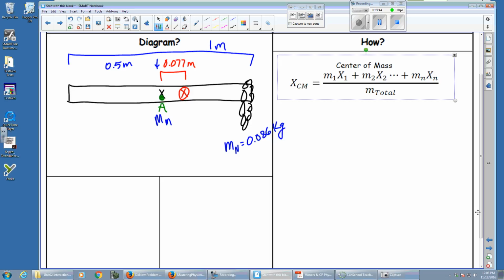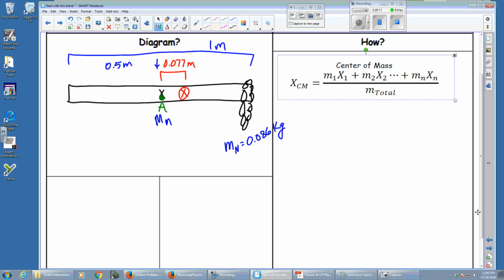It would get brutal mathematically. So the ellipsis means go on until you have as many as you need, kind of like etc. That's a good question. How many objects do we have in this system? Two, right? What are they? The stick and the chain. The meter stick and the chain.